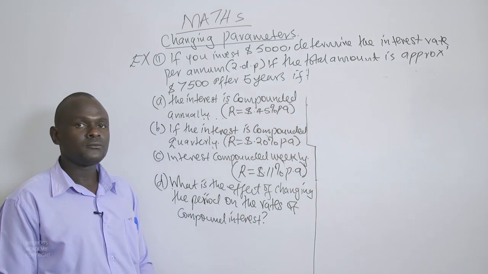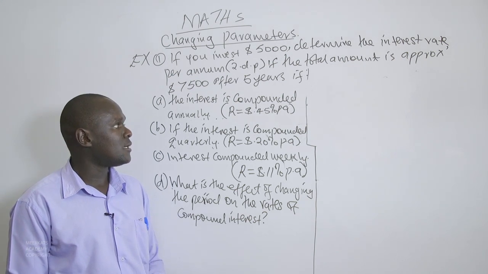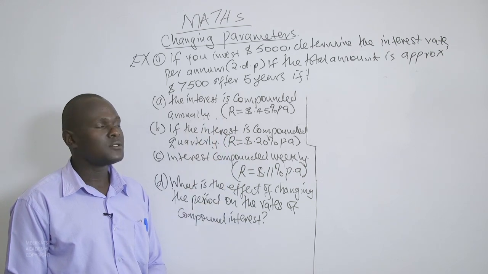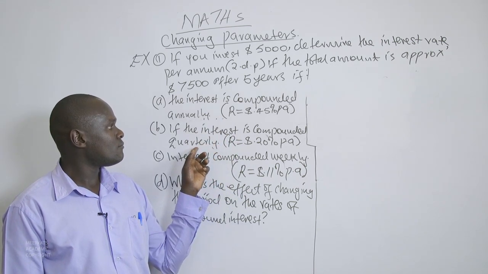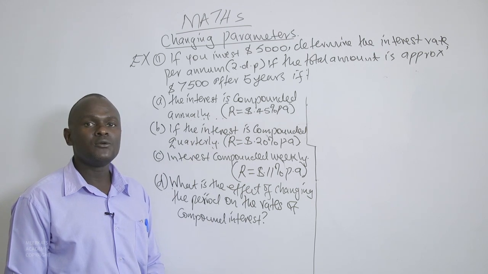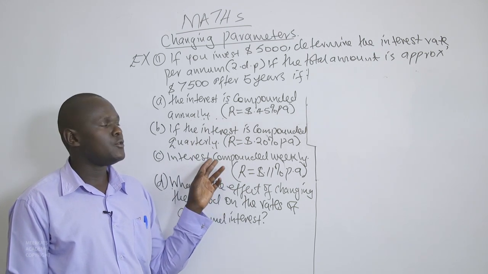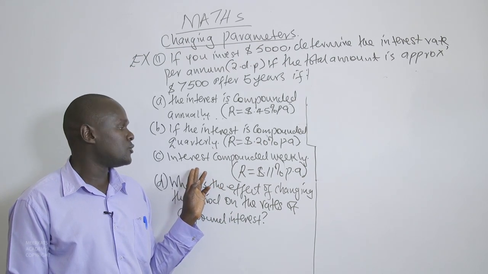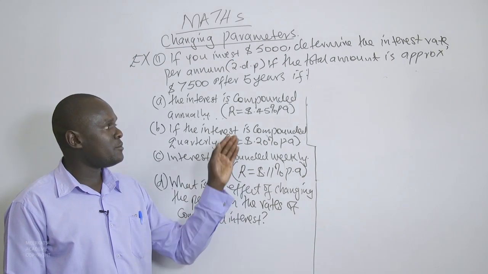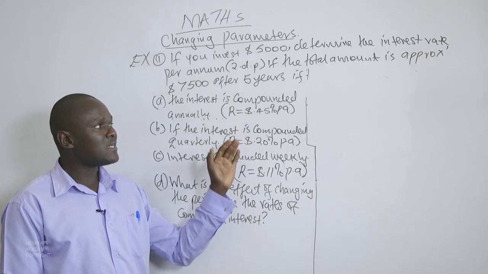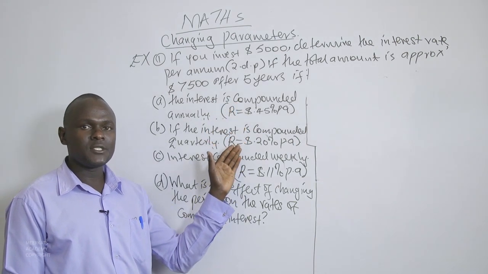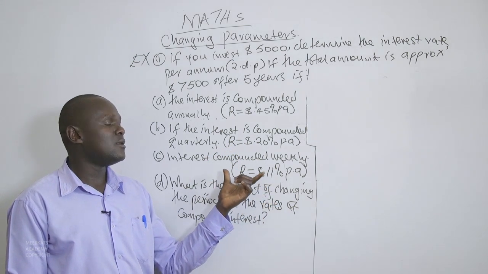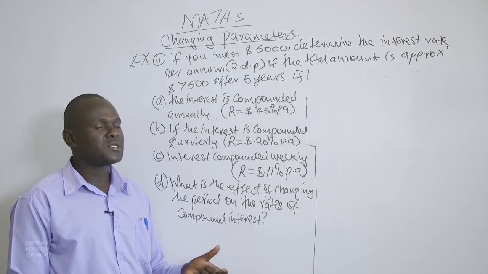A good question. We will realize that in the first case, part A, we only had 5 periods. In part B, when we moved to quarterly compounding, we ended up with 20 periods. And in part C, we've had a whopping 260 periods. So the periods are increasing. What is the effect of increasing periods? It is clearly shown here that when the periods increase, the rates decrease.